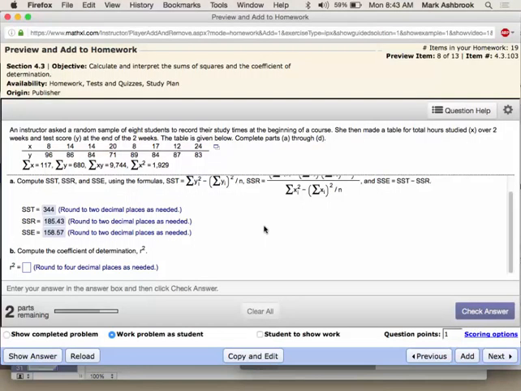Okay. Compute the coefficient of determination. Go. What's the coefficient of, is that what we called it?